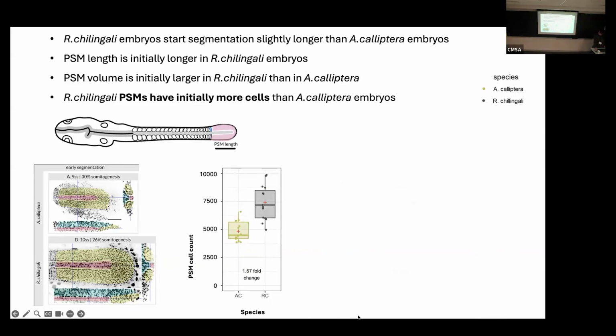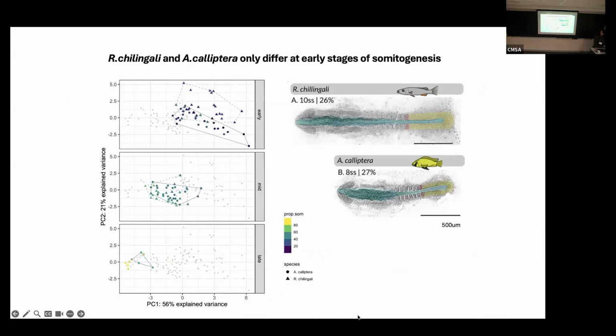Using all of our measurements of the PSM and the unsegmented tailbud, we see that these only segregate by species at early stages, but at mid and later stages, they are the same in PCA space.